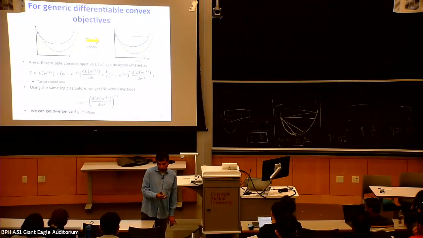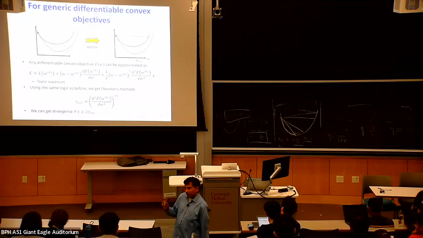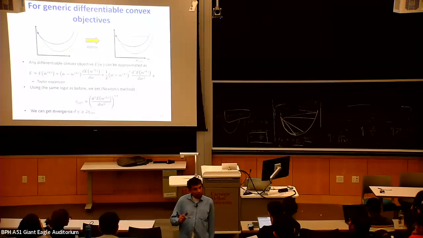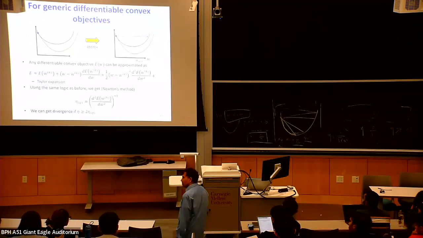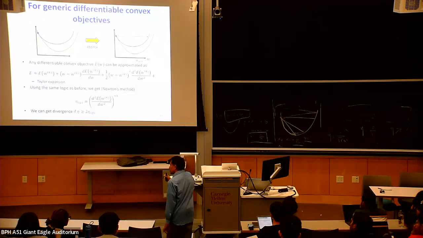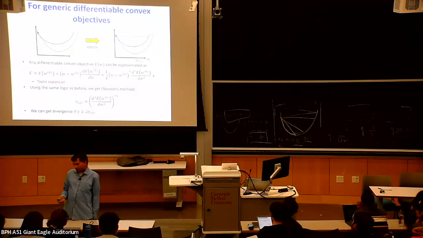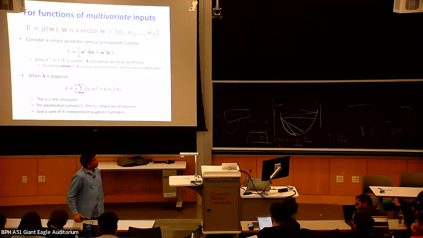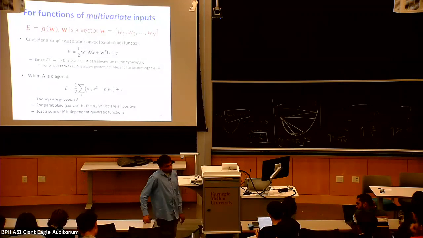But then you get to a new location and make a new quadratic approximation and go to the optimum in a single step, and so on. But regardless, at each point, if your step size is more than twice the inverse of the second derivative, there is a high likelihood that you're going to bounce up instead of coming down. Make sense? Right. So that was for a function of a single variable, okay?